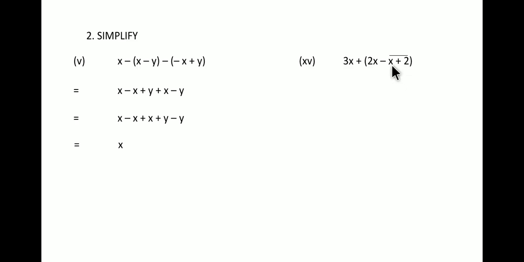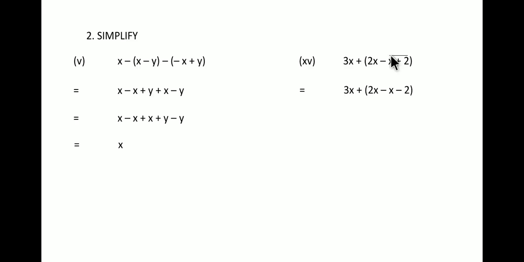Over here, x plus 2 are different terms, unlike terms x and 2. All right. So they cannot be simplified. Hence we remove the vinculum this way, because there is a minus sign in front. So this x which is inside the vinculum, it is only x, means it is positive, so it becomes minus, and this plus 2 becomes minus 2 because of this minus in front of vinculum.